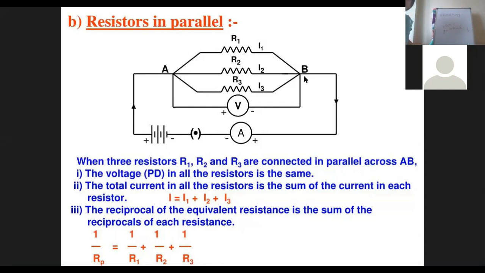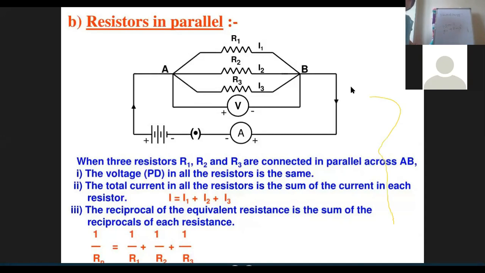For example, what you are viewing on your screen is the parallel combination, where all the resistors have been connected to a common point. This combination we call resistors in parallel.